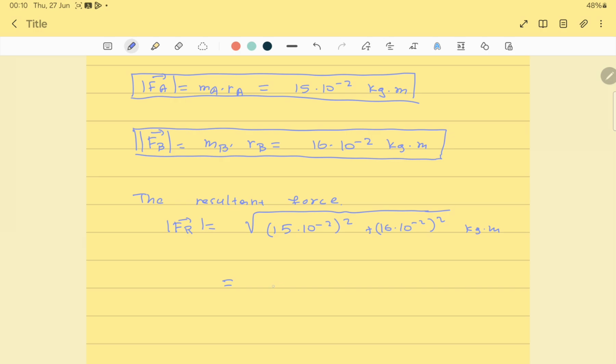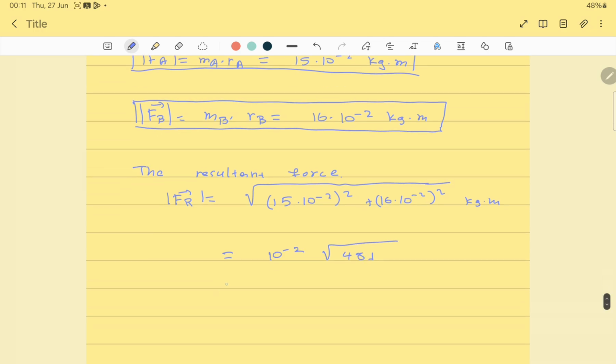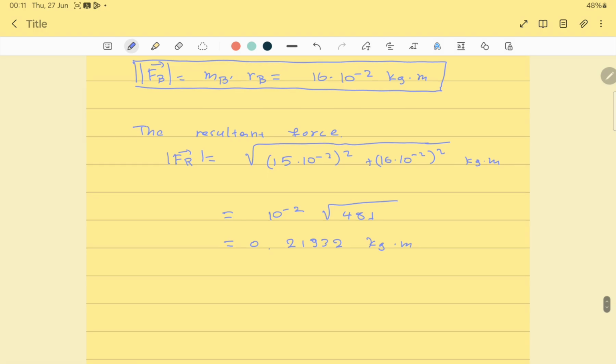So this can be written with 10 to the power of minus 2 as a common factor that can go outside. And I have the square root of 481. And this gives me that the resultant force Fr is 0.21932 kilogram times meters.